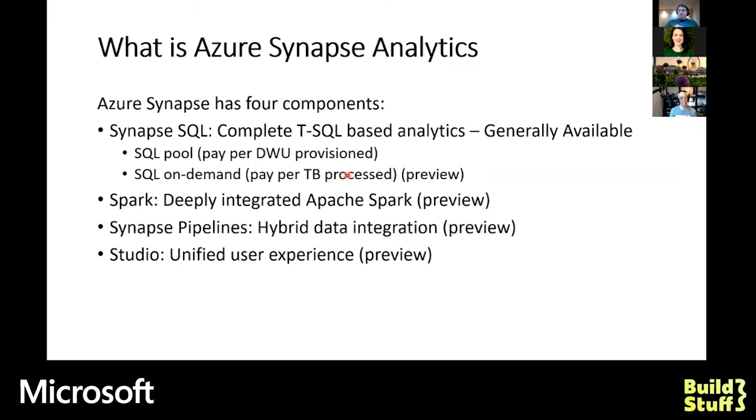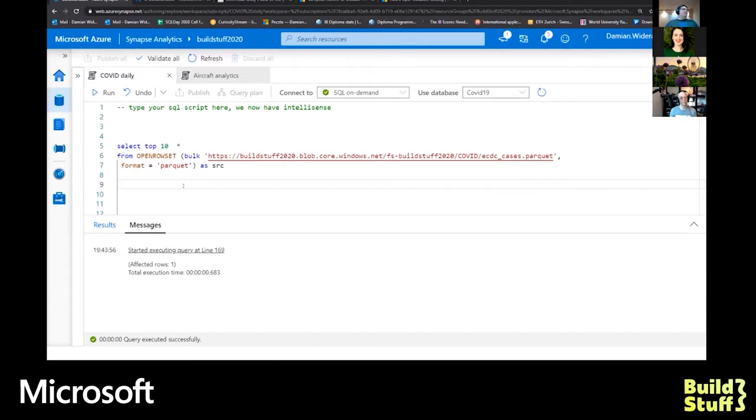So let me switch to the code, because I think the code is really something which you should see today. And let me start from the beginning. This is Synapse Analytics, and this is the Azure Synapse Analytics Studio. But I'd like to show you what we are going to do today during the demo I've prepared for you. First of all, I'd like to show you how we can work on live data. We are going to analyze the actual information we have from the pandemic.